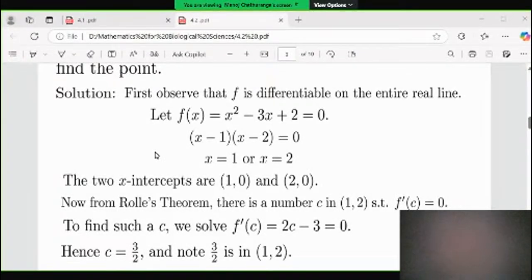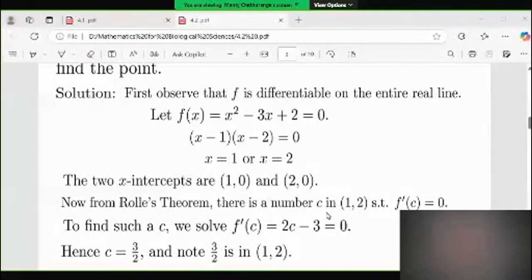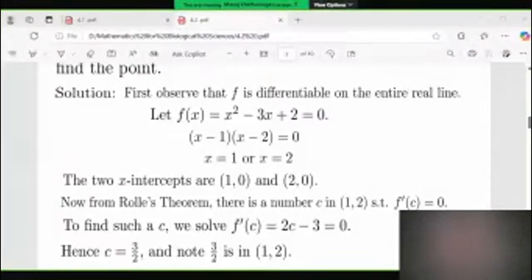So the function values at those two points are 0. So by Rolle's theorem, there is a point in between 1 and 2 where the derivative is 0. That means this function has a relative extreme value, relative maxima or minima, in between 1 and 2.